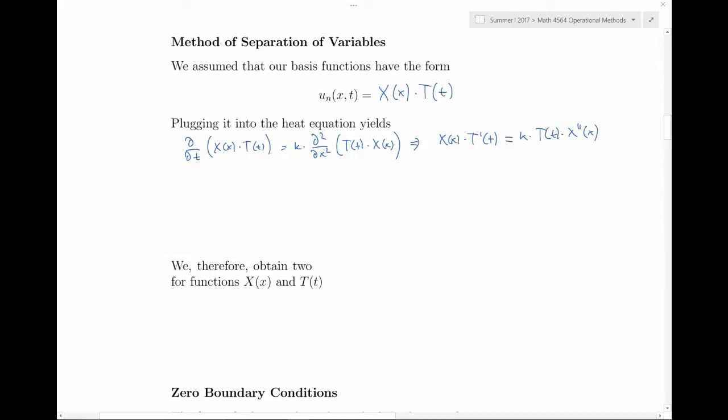So with a little bit of manipulation, we can move all of the x's to one side and all of the t's to the other side. So we get these two fractions that should be equal to one another.